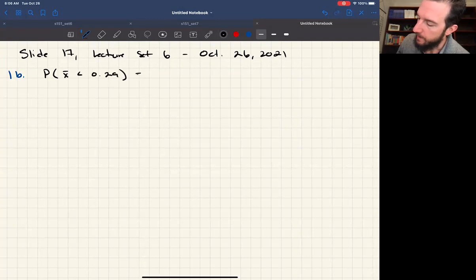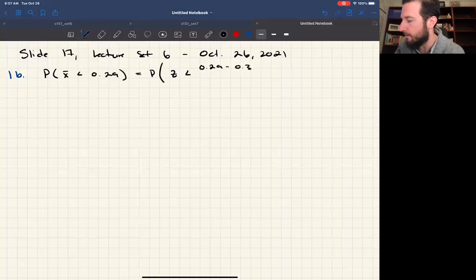So in this case, we can do this in a couple of ways. Again, we can standardize first and then apply the z-score into the formula directly. Or we can write the entire expression as, what is the probability that z is less than 0.29 minus 0.3 divided by 0.06 over the square root of 5.